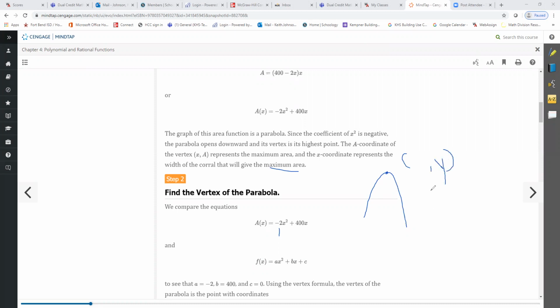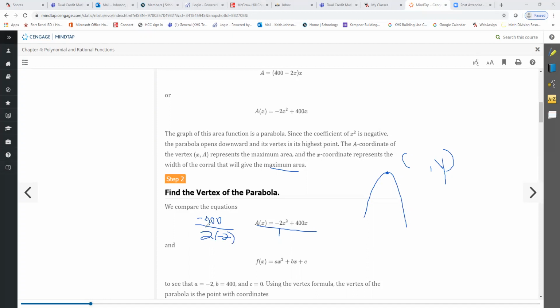Okay, so how do you find that? Well, you can go find your x value and then plug it in and get your y value. You can use your calculator and find the maximum, and it'll be the y value of your maximum. Okay, in this case, how would I find the x value of this equation? I would do negative 400, that's your b value, over 2 times negative 2, which is your a value.